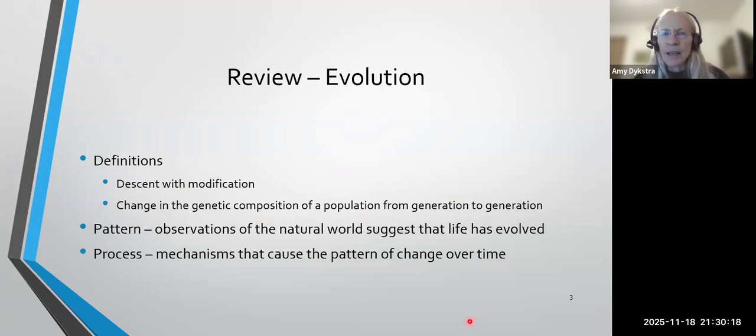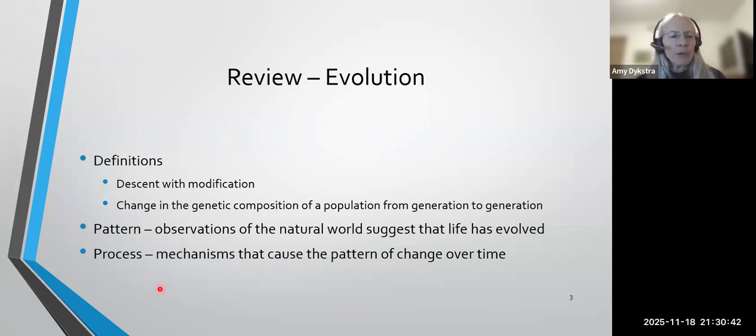And then we said that evolution can be thought of as a pattern of observations in the natural world, such as observations in the fossil record that suggest that life has evolved. And we looked at various evidence for evolution last time, and that was basically evidence for the pattern that we observe in nature.